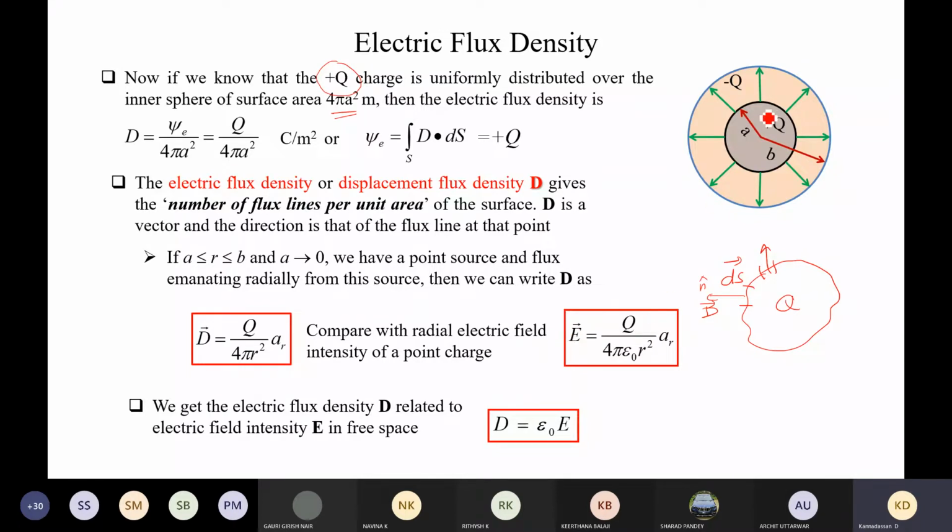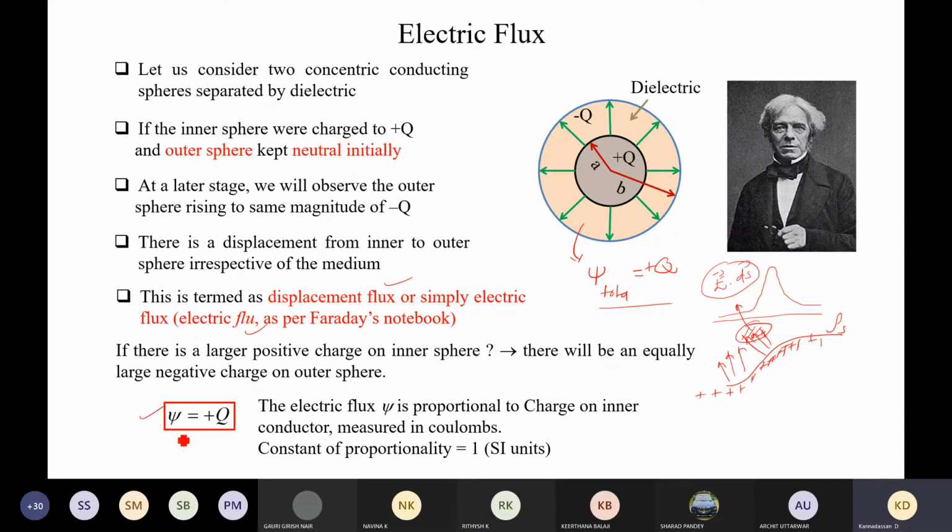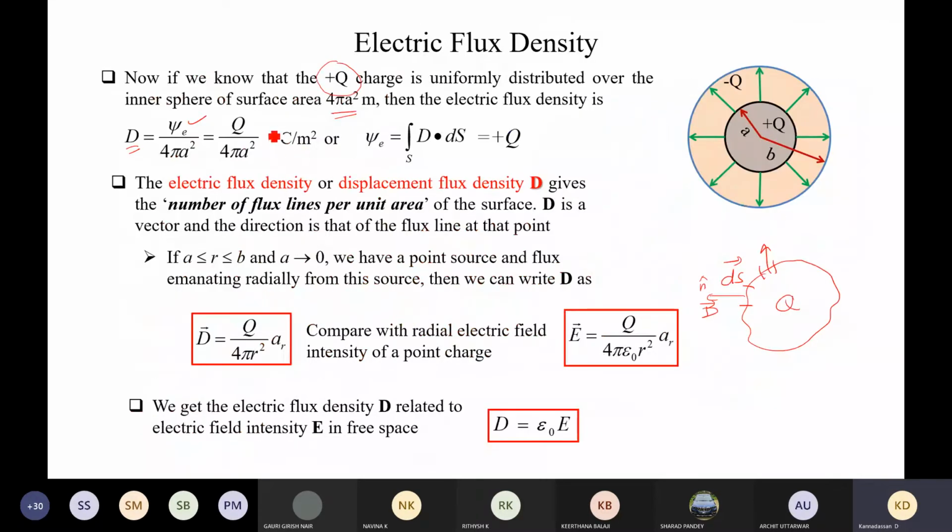So, for example, for this particular charged body, we already know the total flux induced, divided by 4 pi a square, which will give the D. This is the magnitude of that. And since this is correct, you can replace this psi with Q. Okay, so you can easily see that Coulomb's law behavior already comes into the picture.